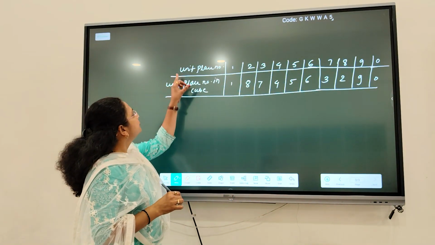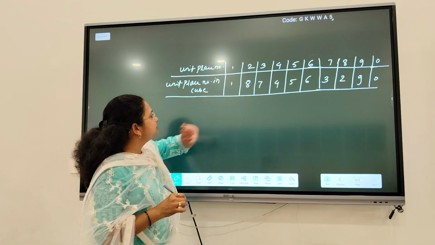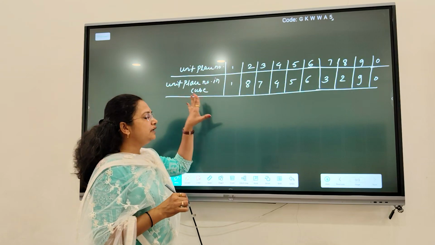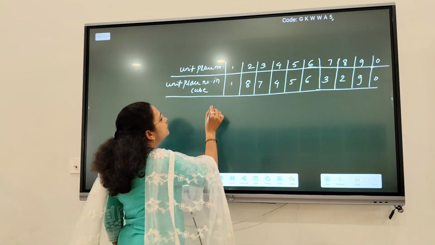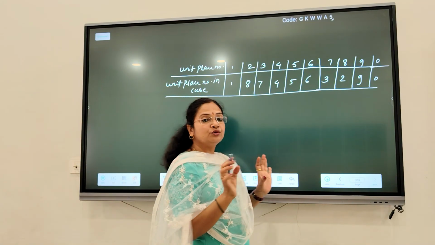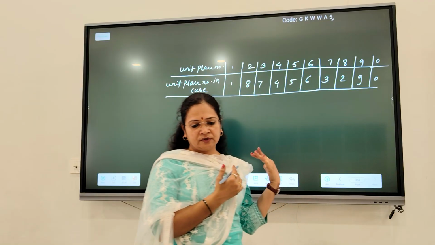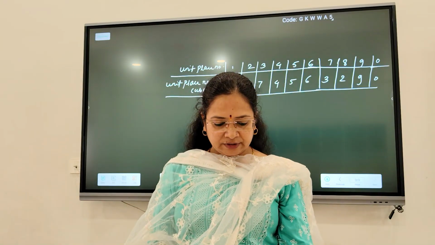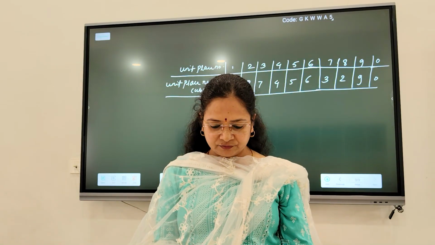See, the unit place number in the number and the unit place number in the cube number. So you have to note this down. Now the factorization method to find the cube.